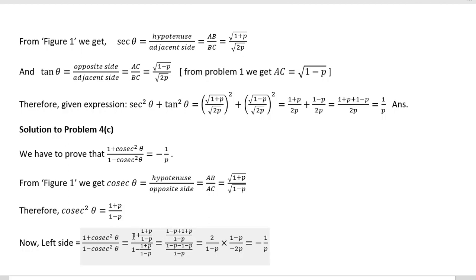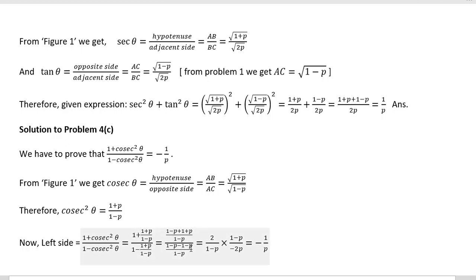and then you have the LCM at the numerator, which is 1 minus p, and you will get 1 minus p plus 1 plus p divided by 1 minus p as the numerator, and as the denominator we will have 1 minus p minus 1 minus p divided by 1 minus p.